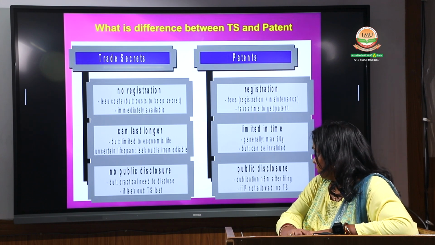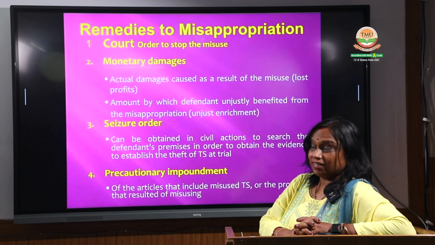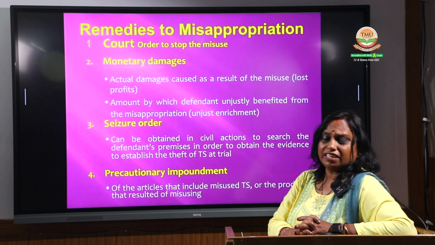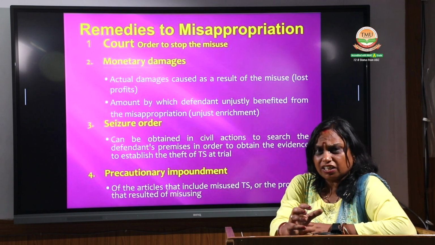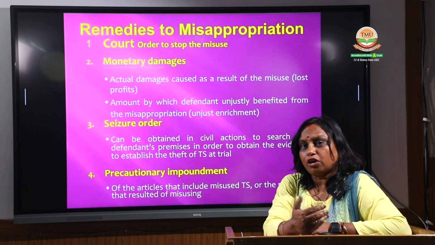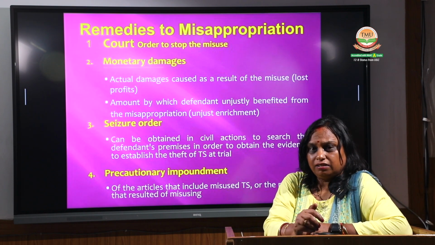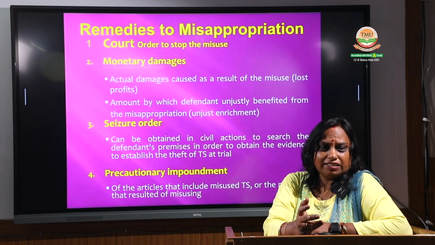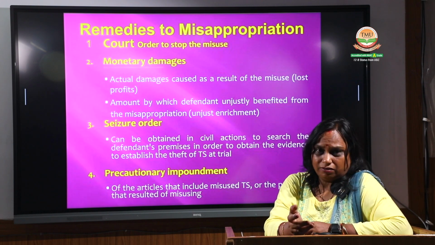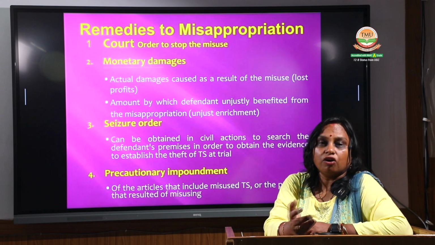Now, what are the remedies for misappropriation? Somebody, despite taking a lot of precautions that your trade secret should not be disclosed to the other party, still, as you know, in any organization or business there are people who believe in lawbreaking.